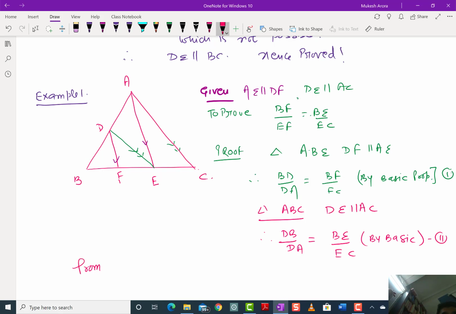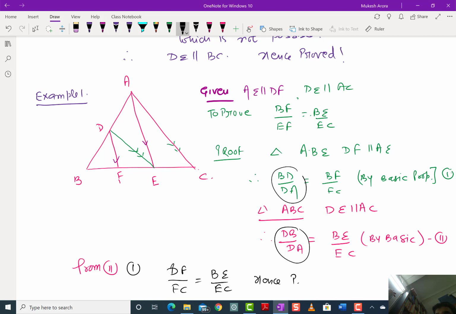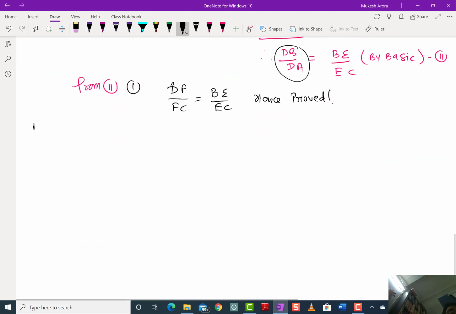From 1 and 2, this and this are equal, therefore BF upon FC is equal to BE upon EC. Hence proved.